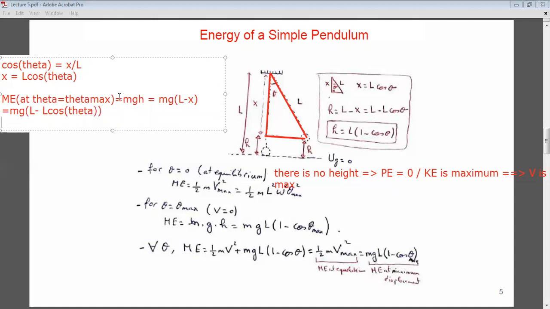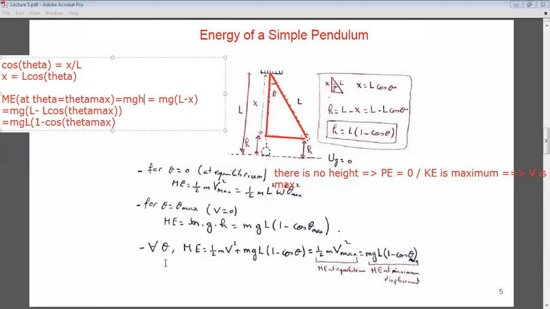So I have L in both of them, so I take it outside. So I have mgL into 1 minus cosine theta. And this is not any theta, this is theta maximum, because we said this is the mechanical energy at maximum elongation. This is not any h, it is h maximum. So this is happening when the bulb is at the maximum height. So I get mechanical energy equal to mgL into 1 minus cosine theta maximum.